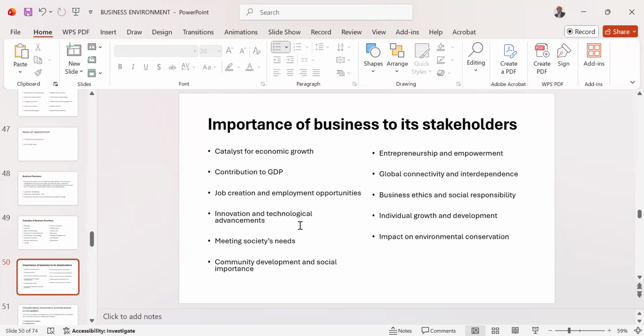Another importance of business is entrepreneurship and empowerment. Actually, entrepreneurship is business. That's the way I see it. For you to actually start a business, that means you have that entrepreneurial initiative and skill in you.